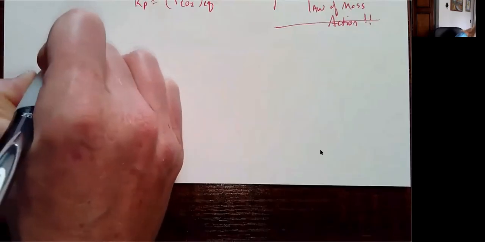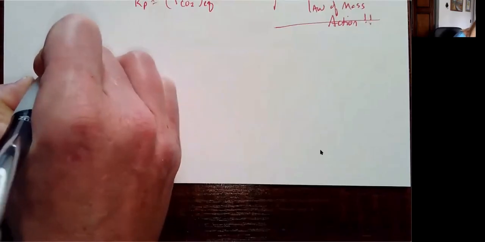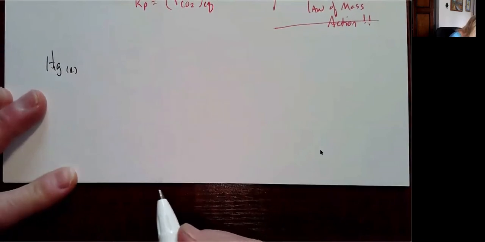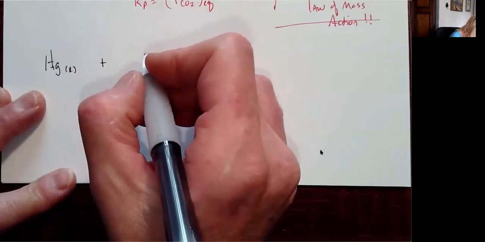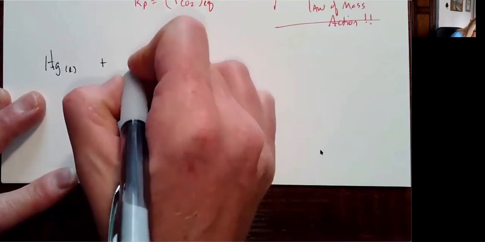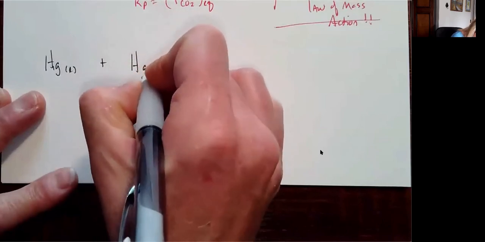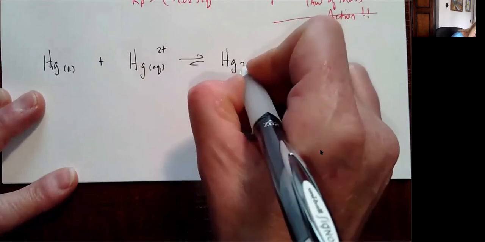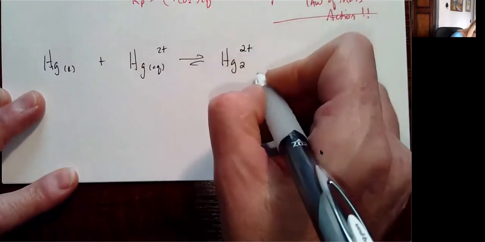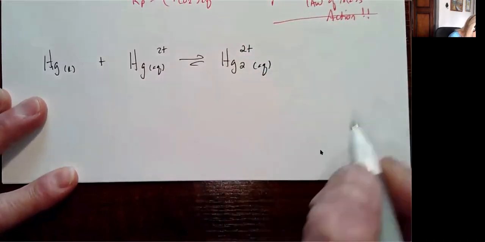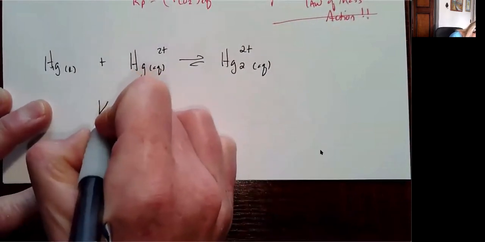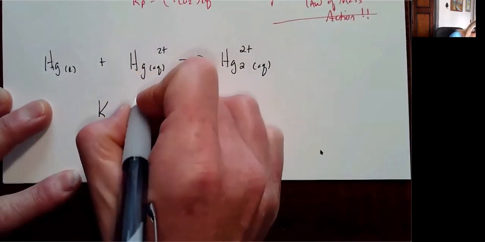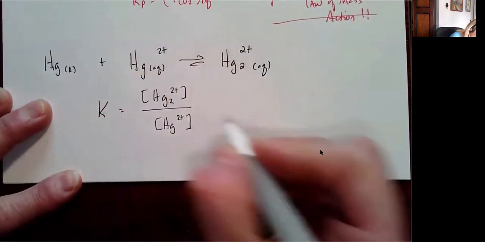So I have liquid mercury. Mercury is the one metal that exists as a liquid. Let's say I combine that with a solution that has aqueous mercury ion. Now I'm going to form Hg2 2+ as an aqueous species. So my equilibrium expression for this would look at only the aqueous species.